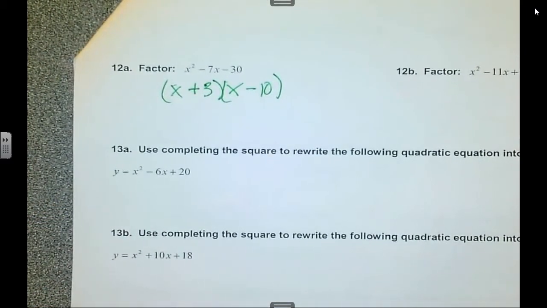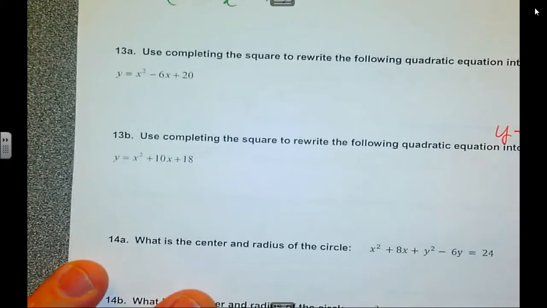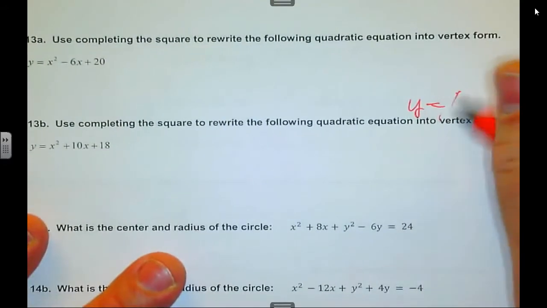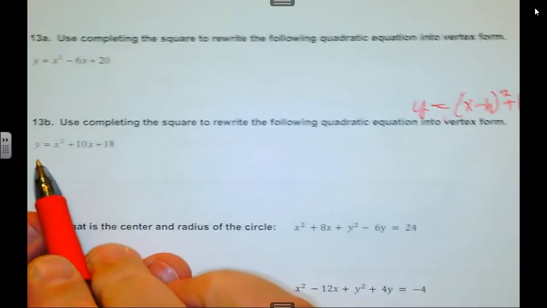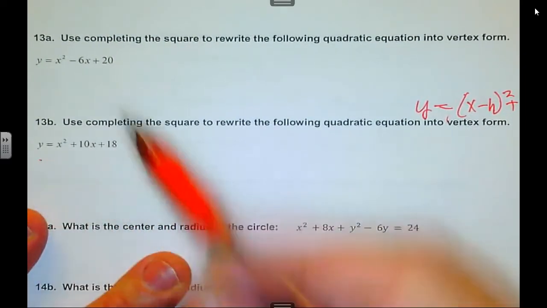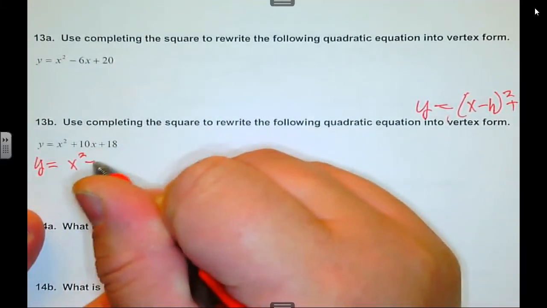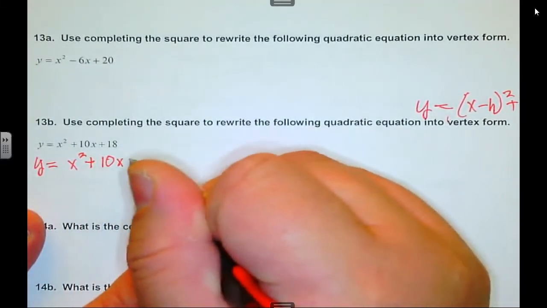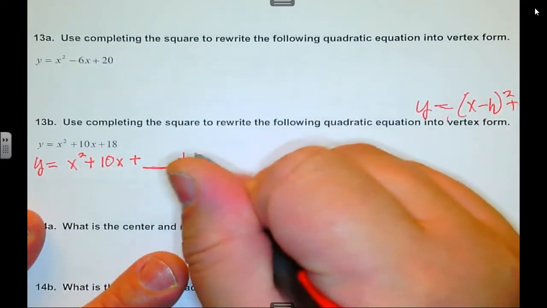Let's do it completing the square. Vertex form. Y equals x minus h squared plus k. We're not doing anything with the y, so when we complete the square, we're going to do everything on the right-hand side. So I'm going to make a perfect square trinomial, add a perfect square, plus 18.